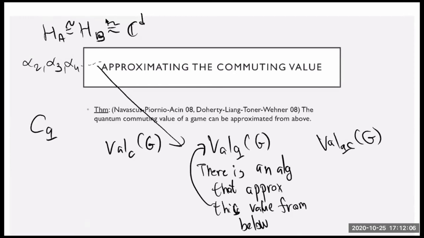But if I restrict you to only use the part of C_q that comes from two-dimensional strategies, so you are now allowed only to use H_A as C^2 and H_B as C^2, and now you need to choose 2 by 2 matrices on the left part and 2 by 2 matrices on the right part, and these are the measurements and so on.